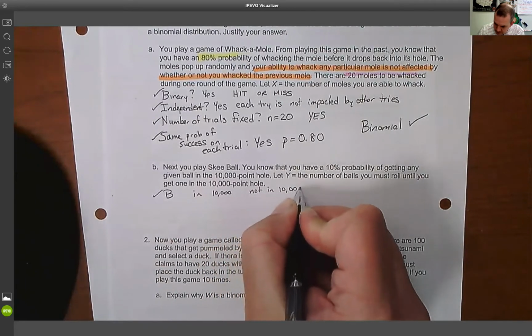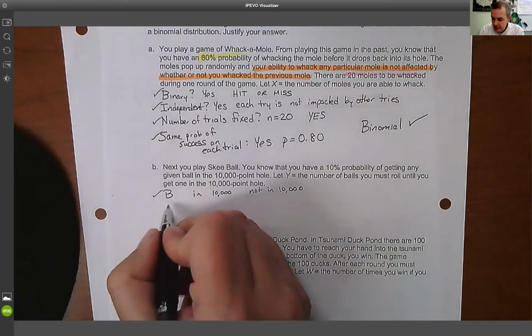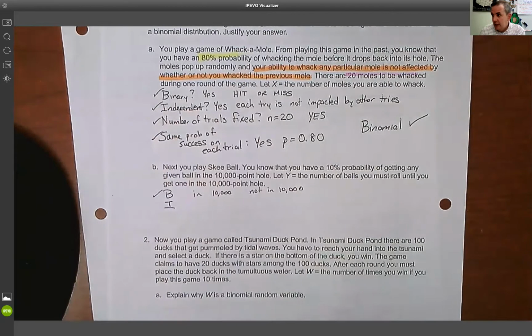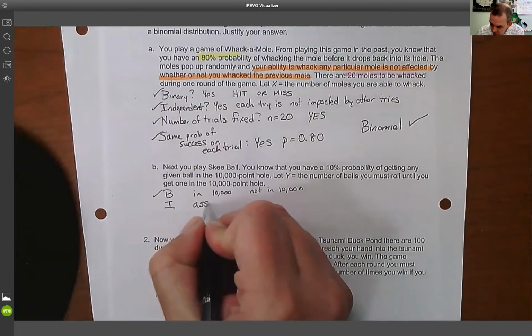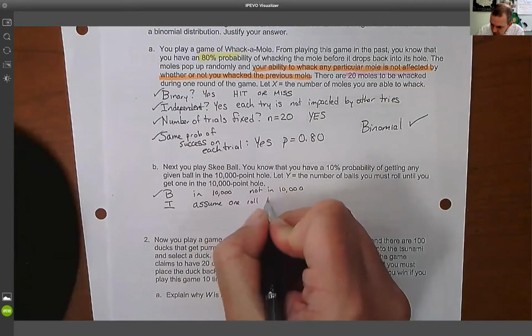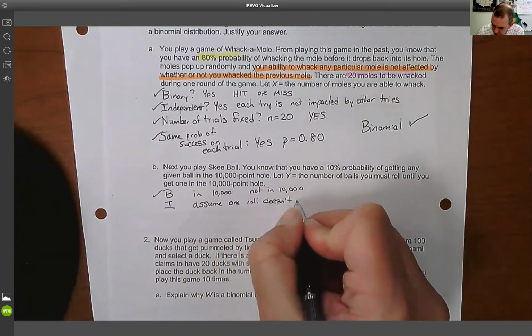Is it independent? In this case, we're going to make the assumption that one roll has no bearing on the other, like we said before. It doesn't say it, but we're going to assume that one roll doesn't impact others.